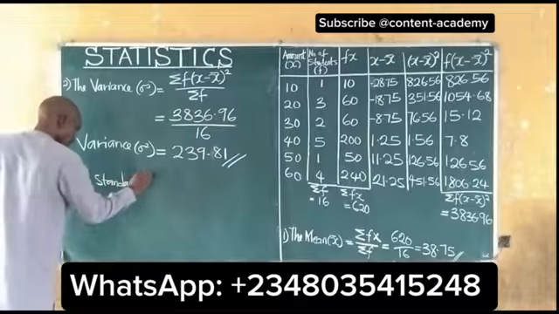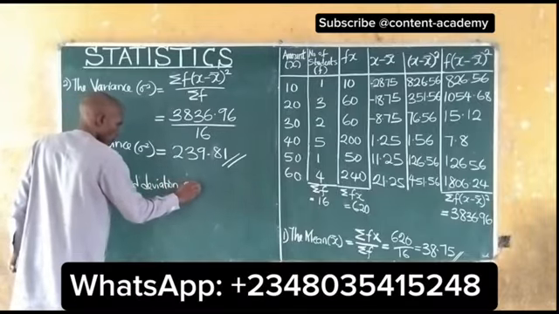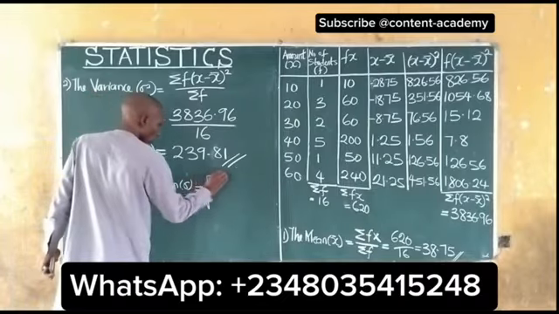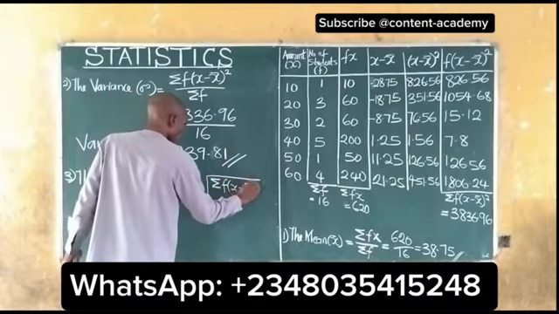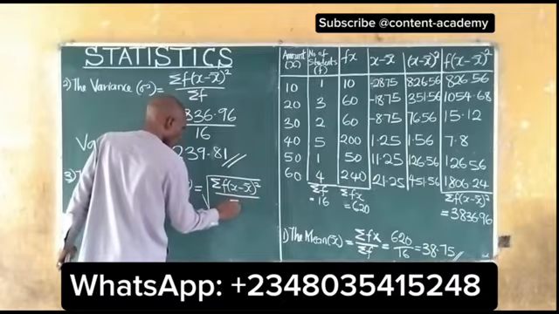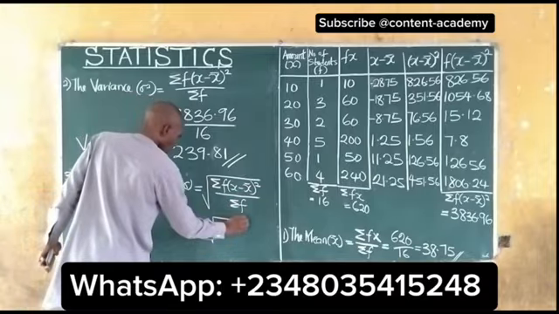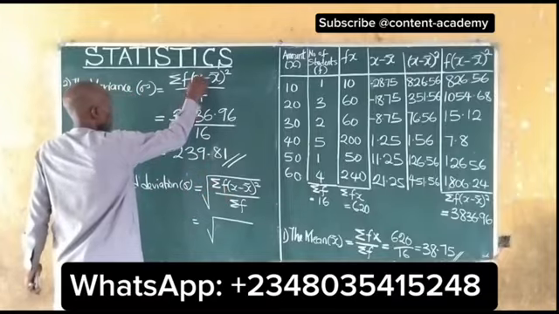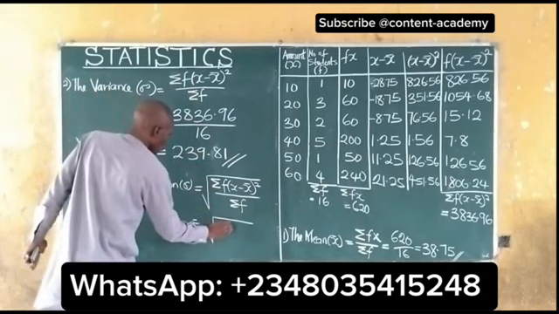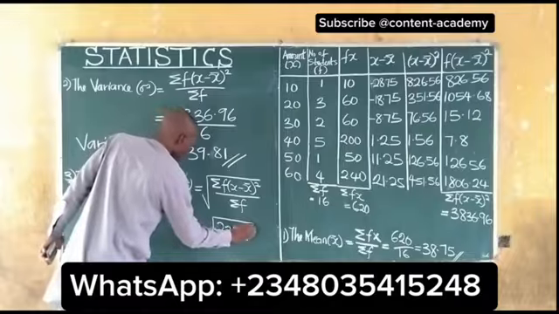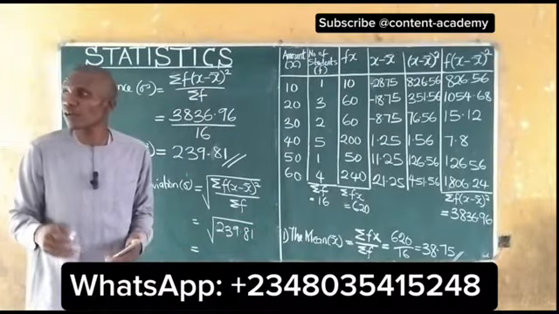Now 3. The standard deviation is equal to the square root of summation of f x minus x bar all squared all over summation of f. Now, we'll just put whatever we got as the variance, 239.81, because the standard deviation is the square root of the variance.